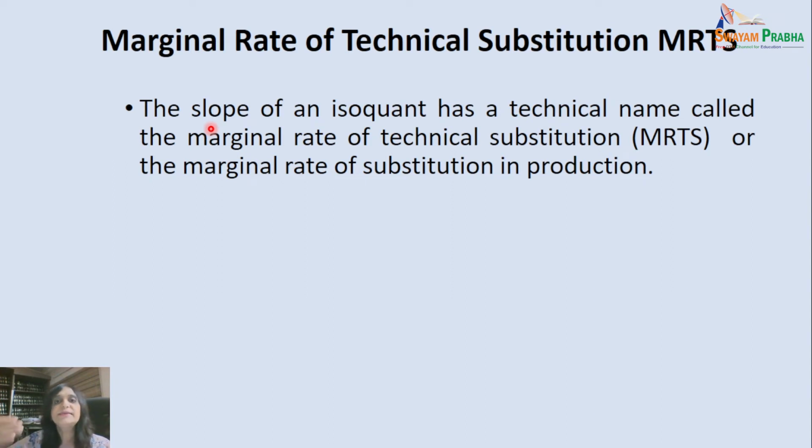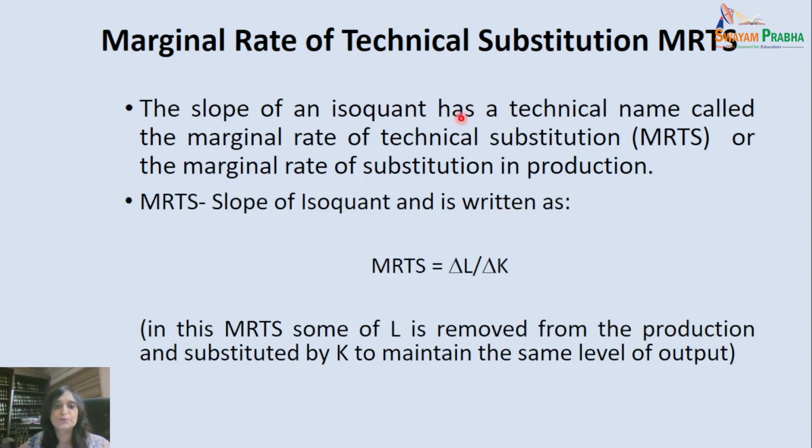Or if I am increasing the amount of capital, I have to reduce the amount of labor. So this rate of substitution of capital for labor or of labor for capital is called the marginal rate of technical substitution.